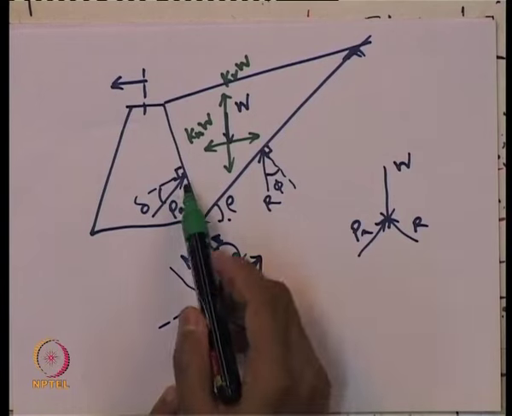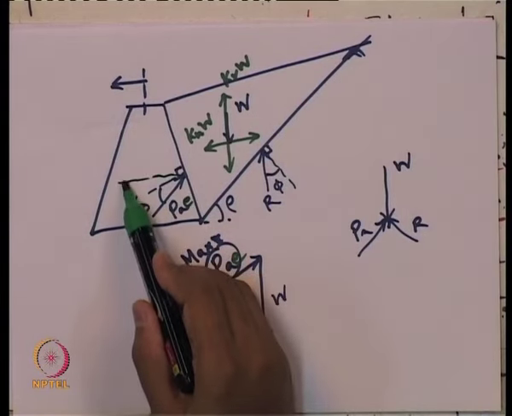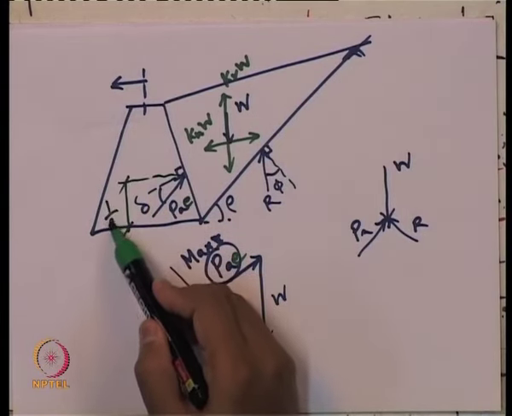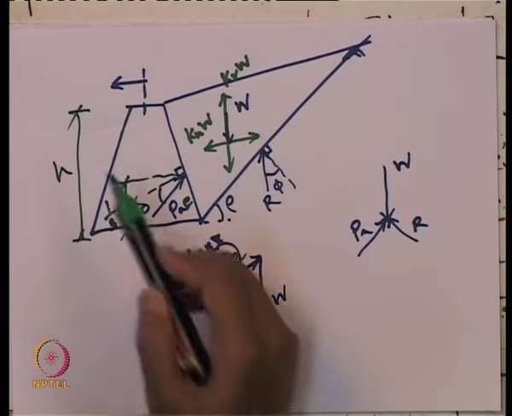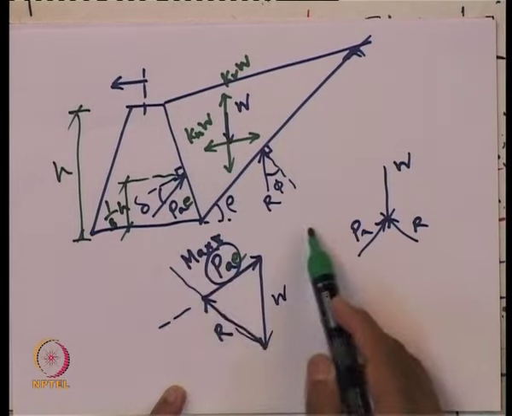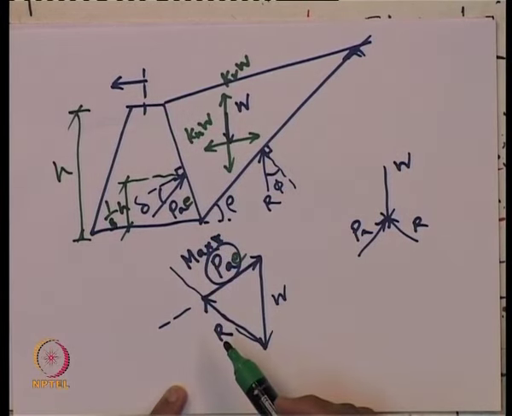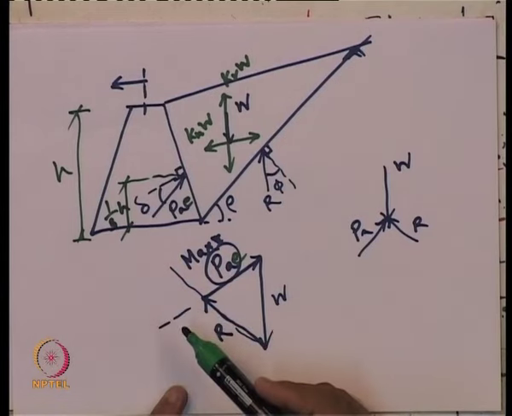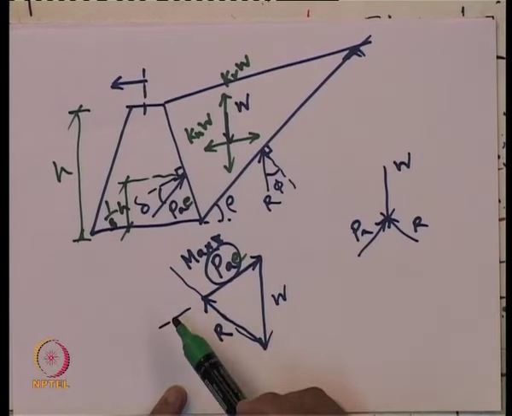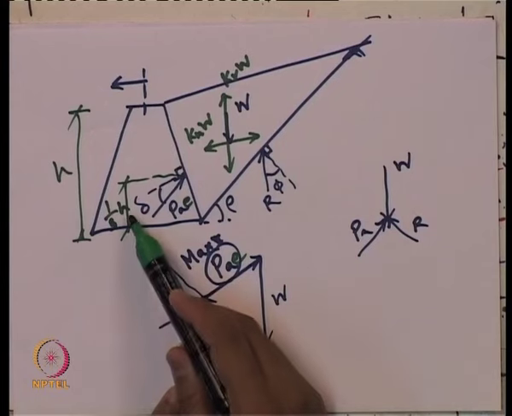Mononobe-Okabe had considered that this will act at 1/3 of the height of the wall from the base, as they considered it is a hydrostatic distribution of the pressure. So, they considered 1/3 from the base, but there is no logical explanation why it should be at 1/3.